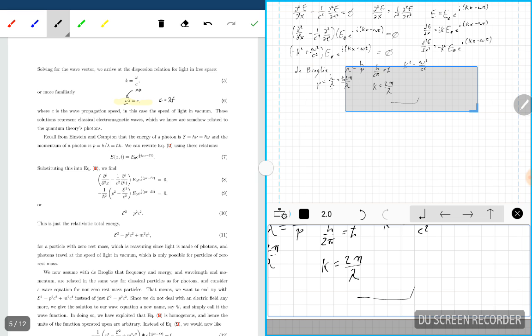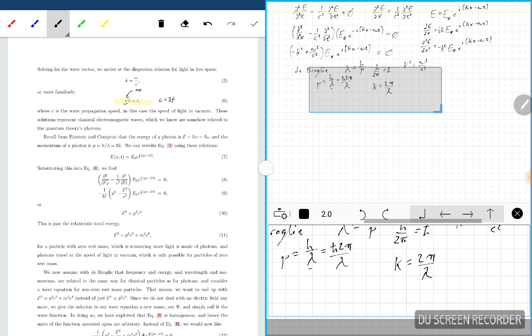So we are going to go ahead and put that in here. Instead of the wavelength, we are going to have that wavelength is 2 pi over k. So our momentum is just going to be h bar times k. That's our most useful determination of that. And then we can write k as momentum over h bar.